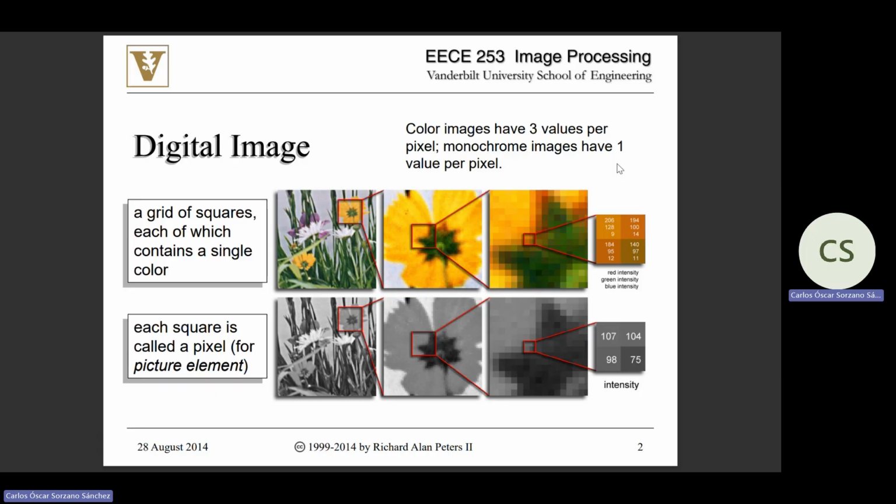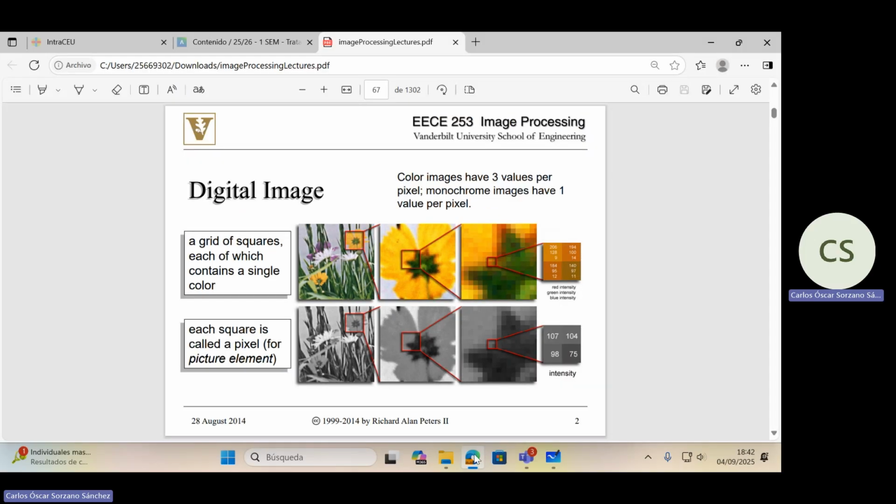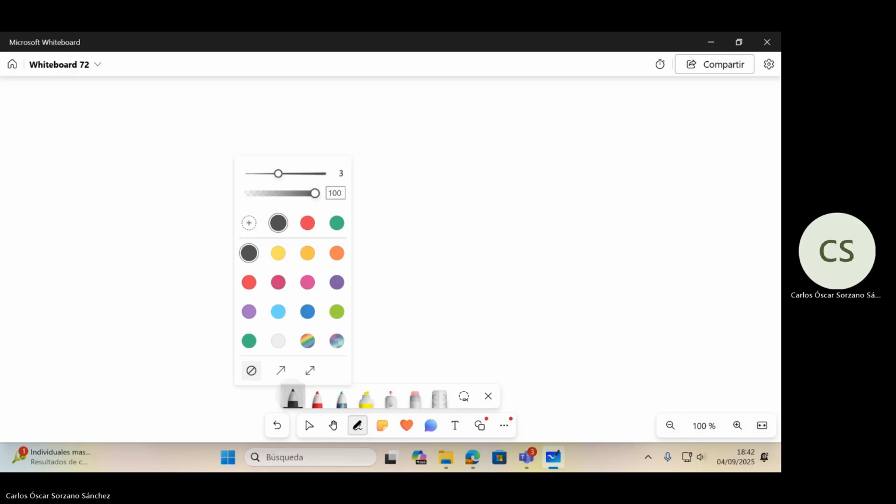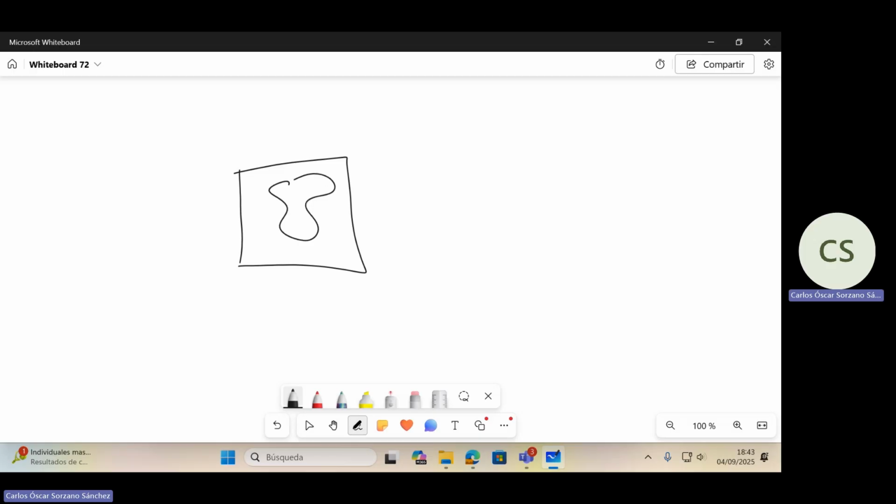You can think of it also in this way. Let's say that you have an image, and you have 2 axes, X and Y. The typical way to have axes in image processing is not the usual one.